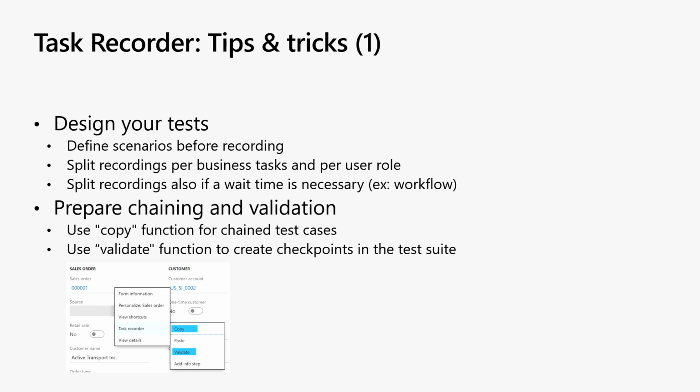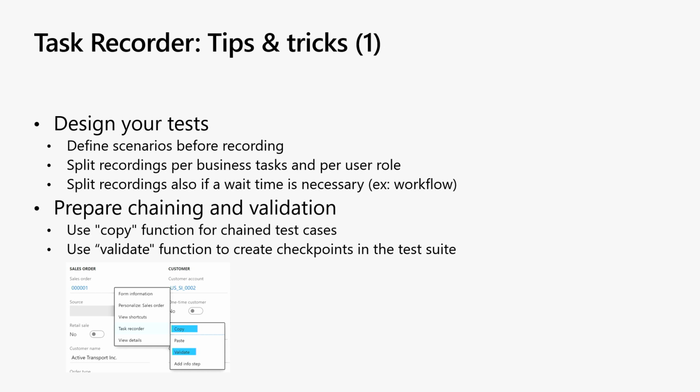The second function we are also providing you is what we call the validate function. The aim of this feature is to give you the ability to do more than just a test to say, okay, that runs. We want you to test that the result is what you expect also. Let's take an example. You are creating a sales order. You add some lines. You have one recording for that, and you have a second recording to confirm the sales order.